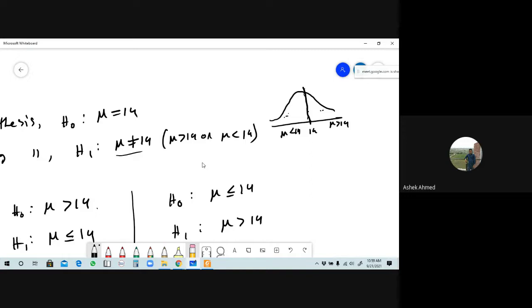So that will be here the region of acceptance. Now see, the other hypothesis here, the alternate hypothesis, represents mu not equal to 14, that is, either mu is greater than 14 or mu is less than 14. So that will be the rejected region, because in this region the null hypothesis is rejected.